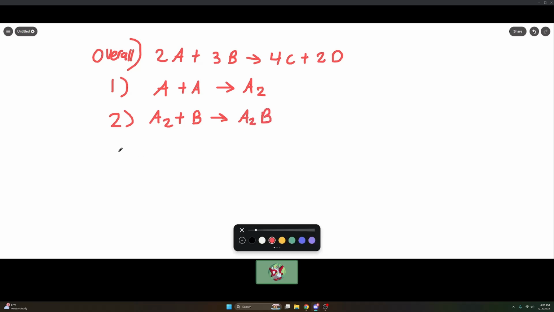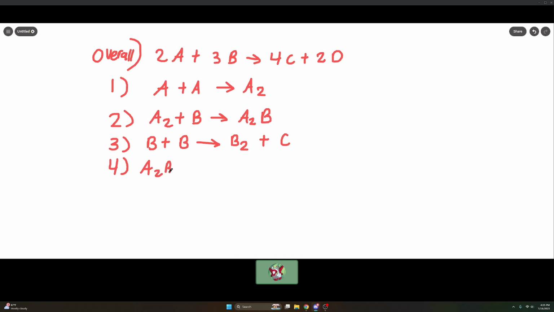And then maybe, just maybe, we also need those 2 remaining B's to react and make B2, which for some reason has a side product of 1C. And then in the final step, that A2B and that B2 are going to smack into each other, and that's going to explode into a confetti of 3C plus 2D.